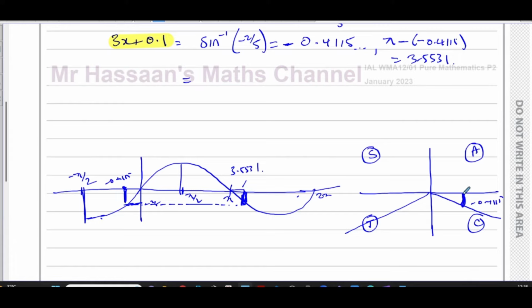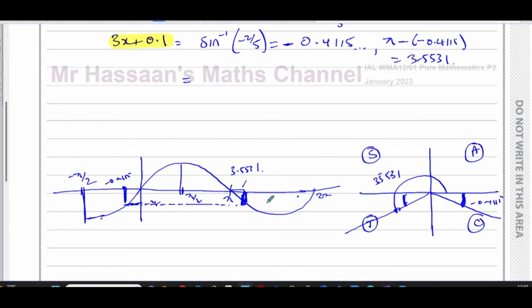Because this is the associated acute angle, it has the same magnitude as this angle. So the second angle is from there to there, which is 180 plus that amount. That's where this other 3.5531 comes from. So that's according to quadrants, that's according to the curve.